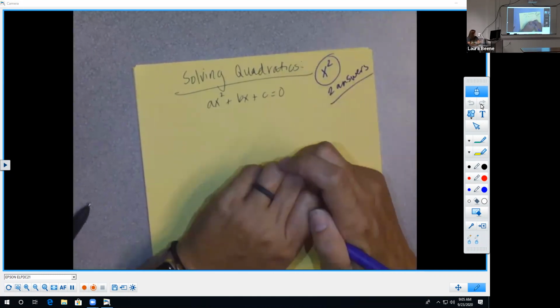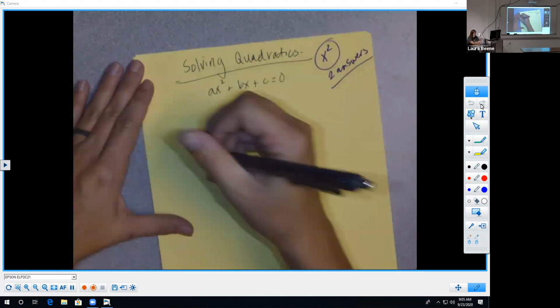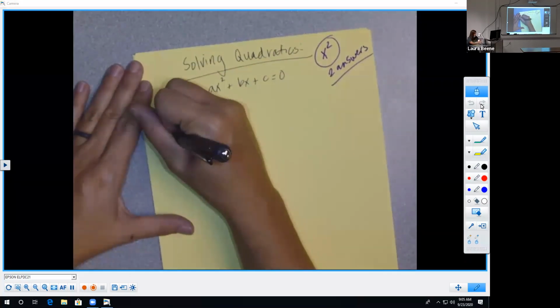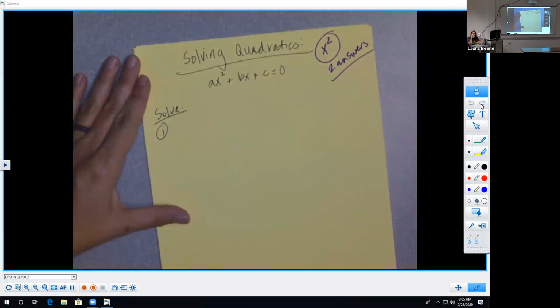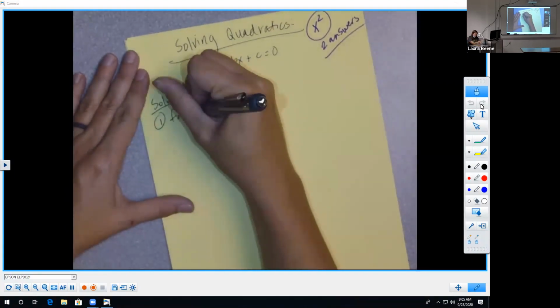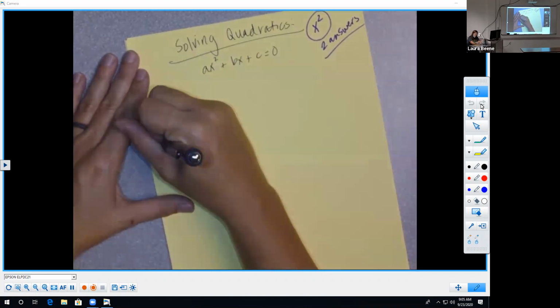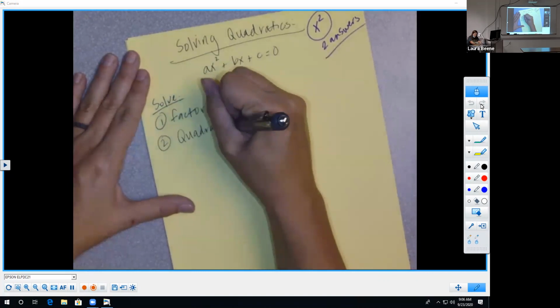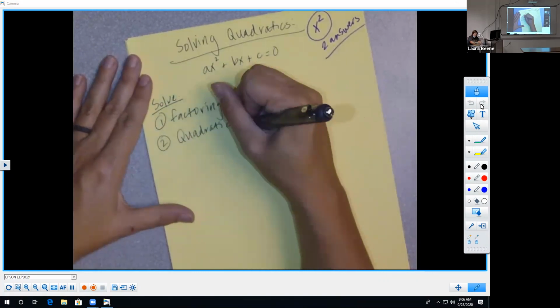In this class, we have gone over 3 different ways to solve a quadratic. What are our options here? You can solve by factoring, quadratic formula, and then we learned the other one last Friday.